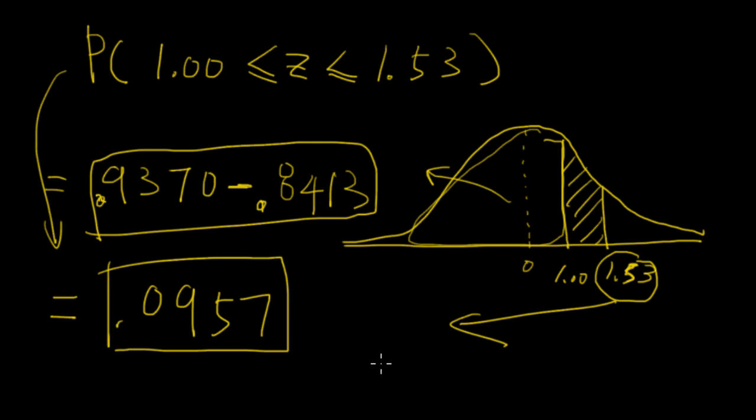Okay, now let's do a couple more. Let me just readjust it a little bit. Okay, that's good. Let's say you want the probability that Z is going to be bigger than 2.15.